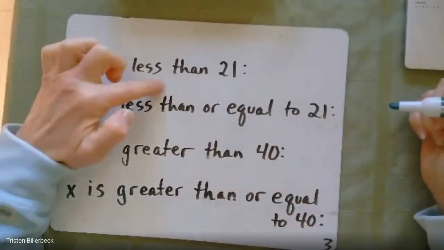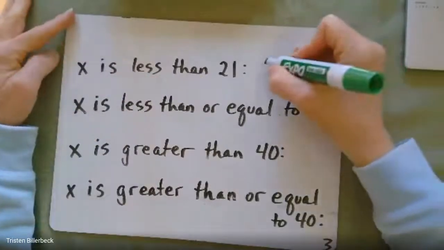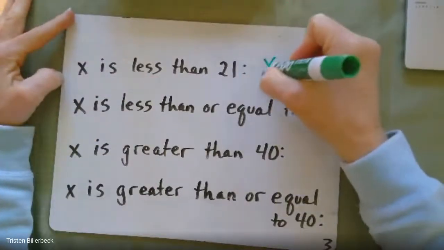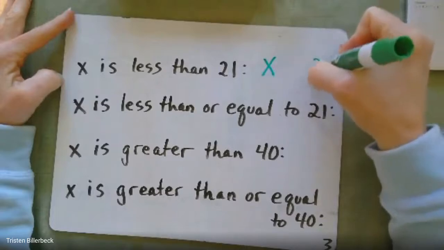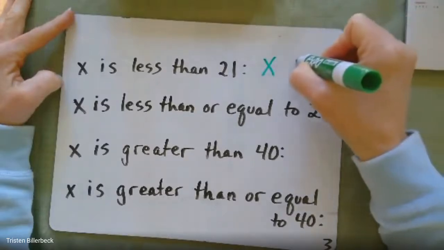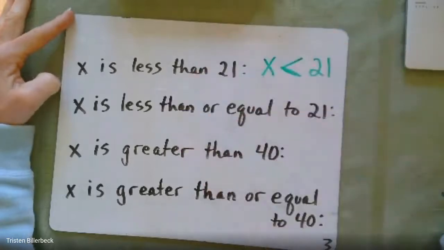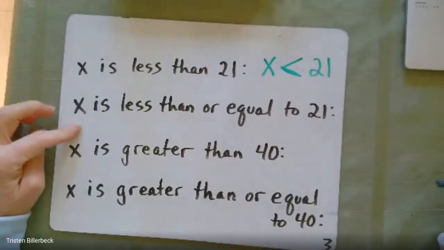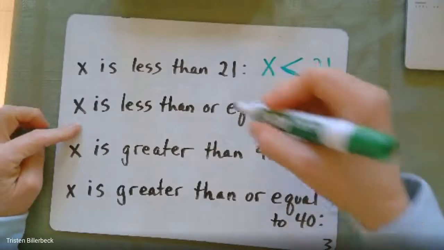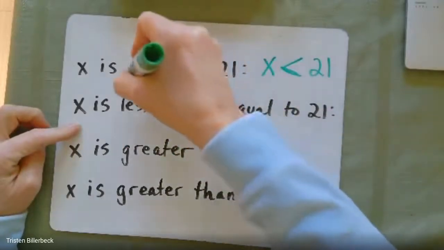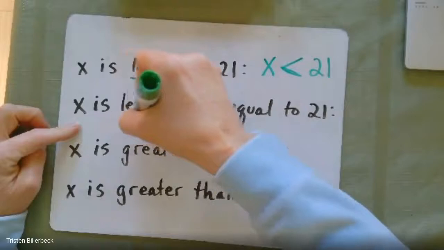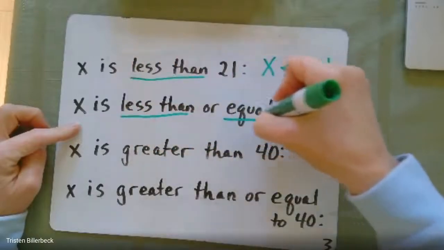So X is less than 21. So X, and then we have 21, and we're going to put the little point toward X because it's less than 21. X is less than or equal to. So this one was just less than. This one's less than or equal to.